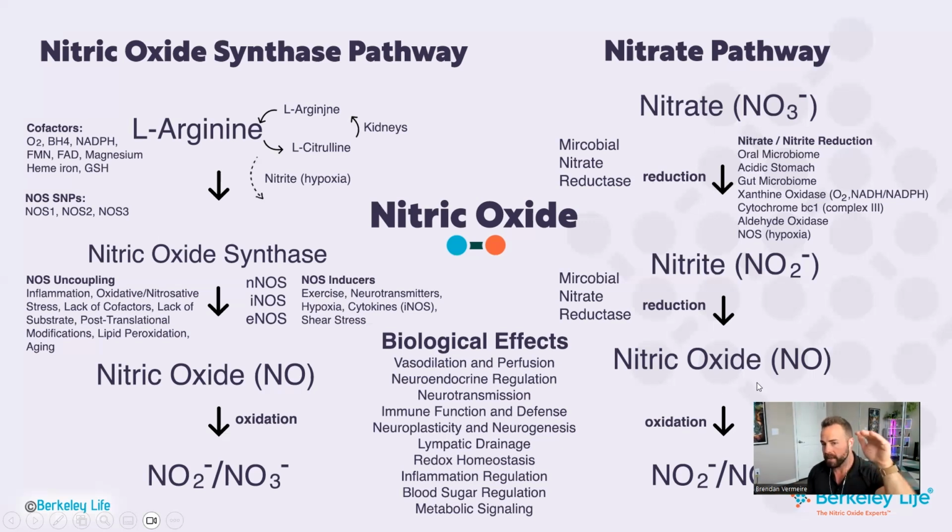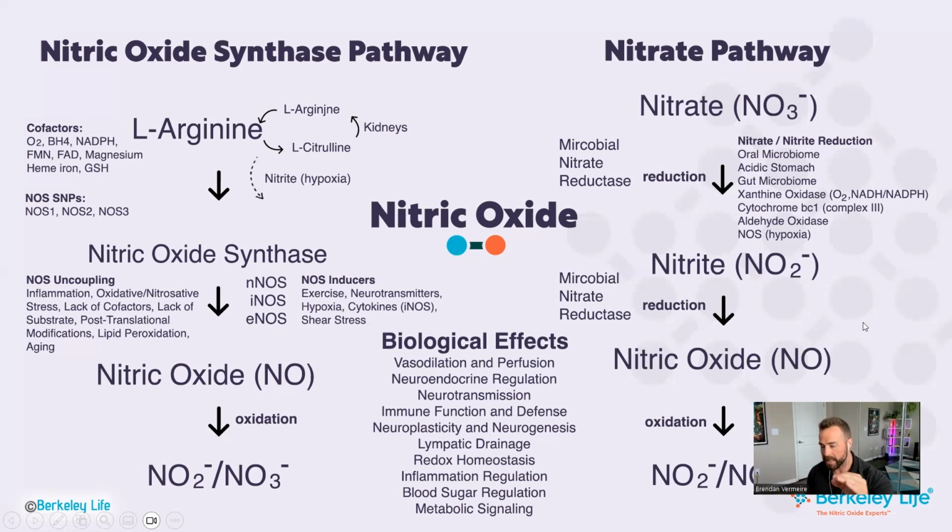Now, this can happen in a number of ways. The first site is the oral microbiota, assuming that we have adequate nitrate-reducing bacterial species within our oral microbiome. So it opens up a whole conversation about oral hygiene. We've talked about oral hygiene extensively on previous episodes of The More You Know, so be sure to go back to some of our earlier episodes where we go deep into the oral microbiome, just cliff notes for today.